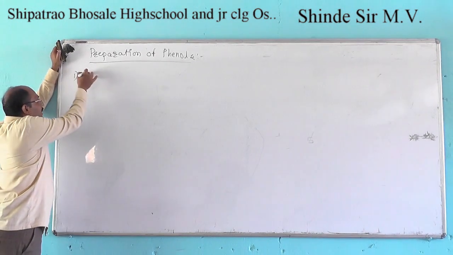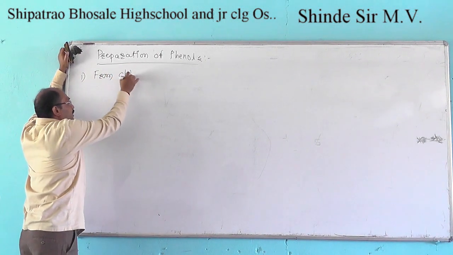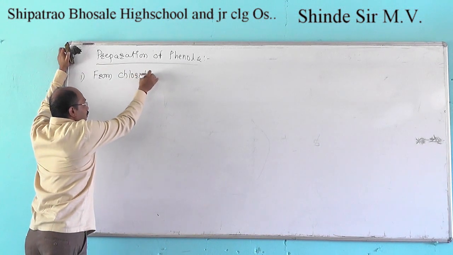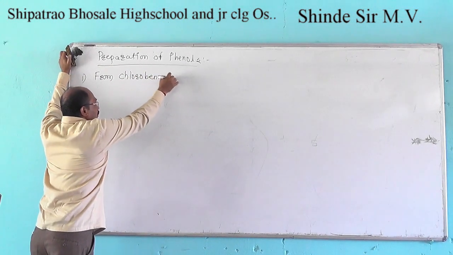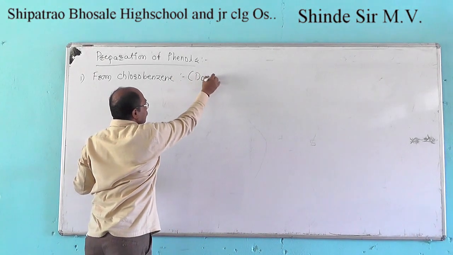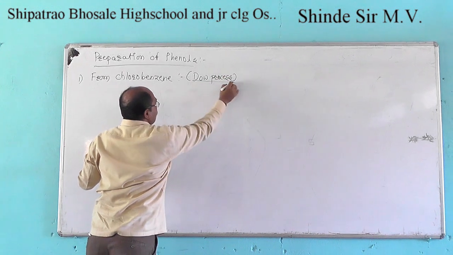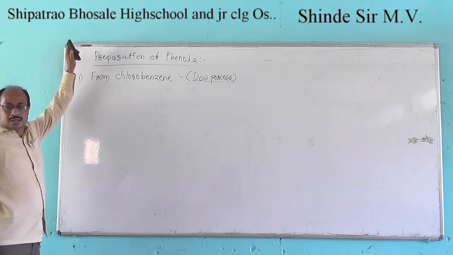First, it involves preparation of phenol from chlorobenzene, which is commonly known as the Dow process.